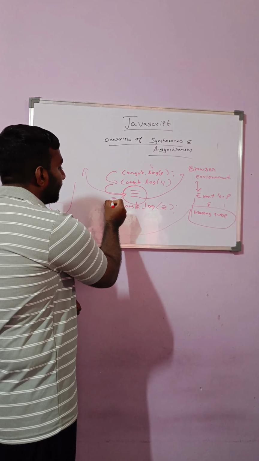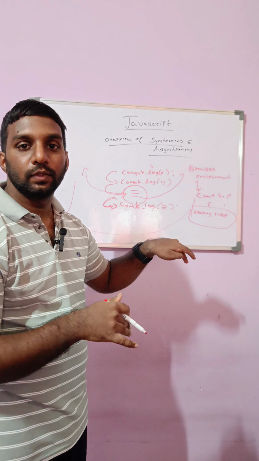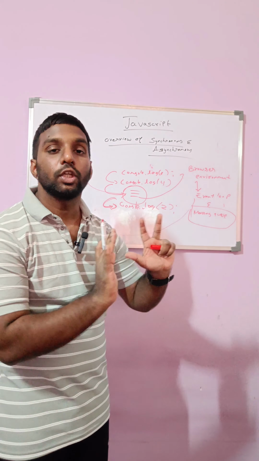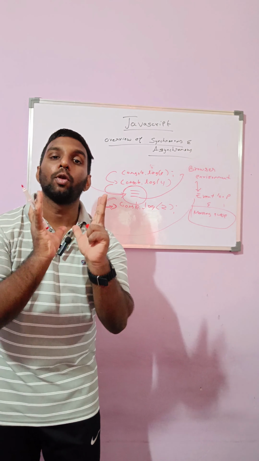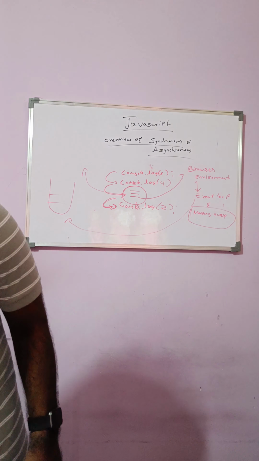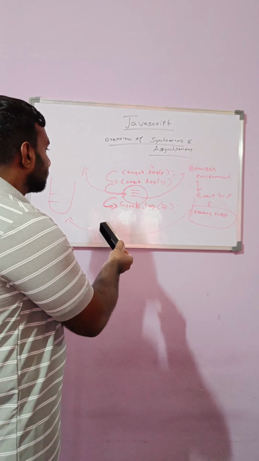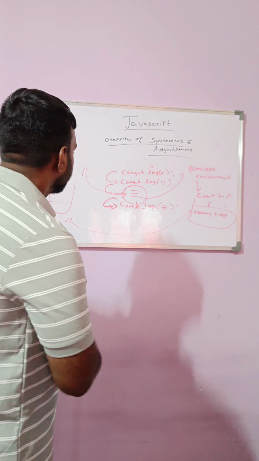So the immediately next subsequent statement will be executed. The asynchronous code will not be executed. So that is why it is known as synchronous with a blocking property. This is a con in JavaScript.